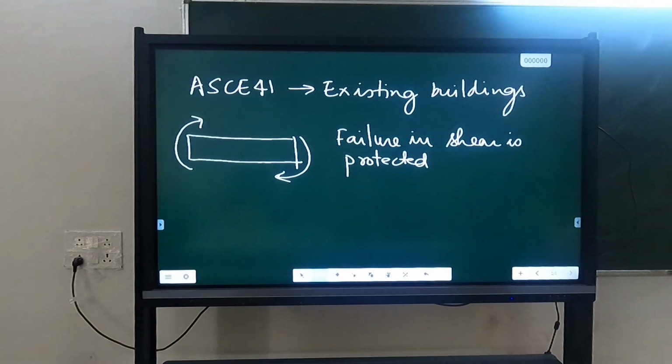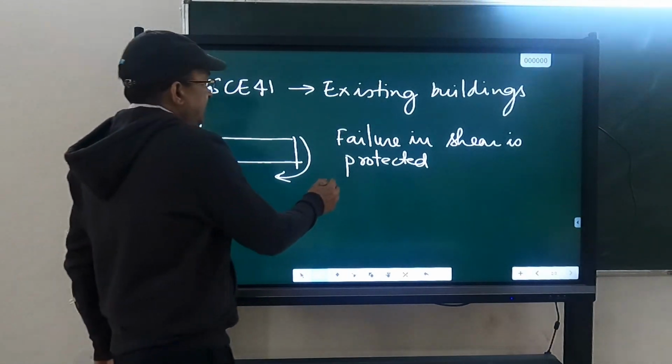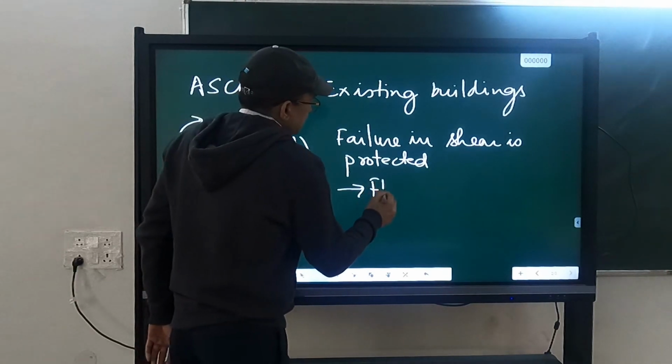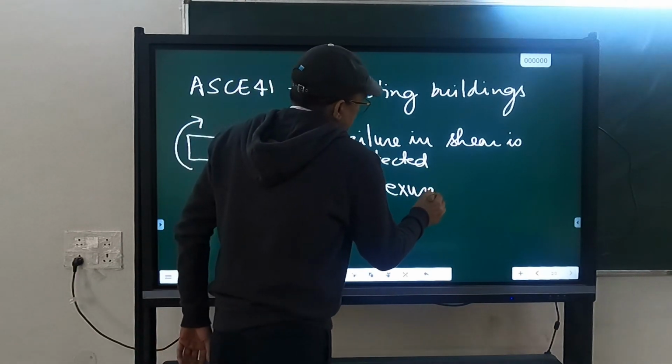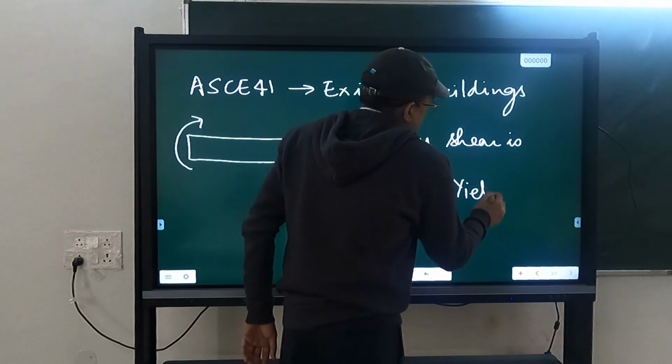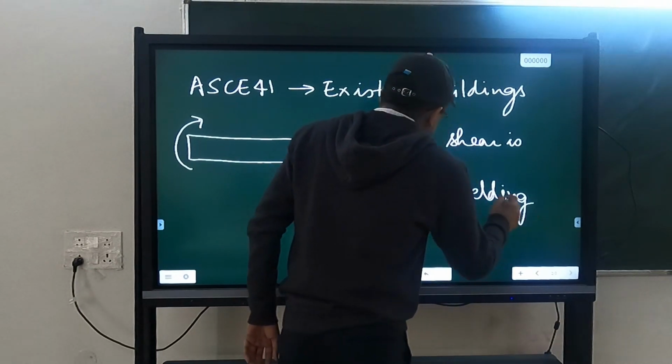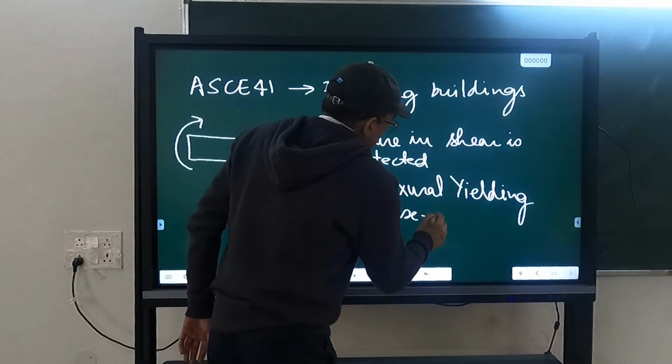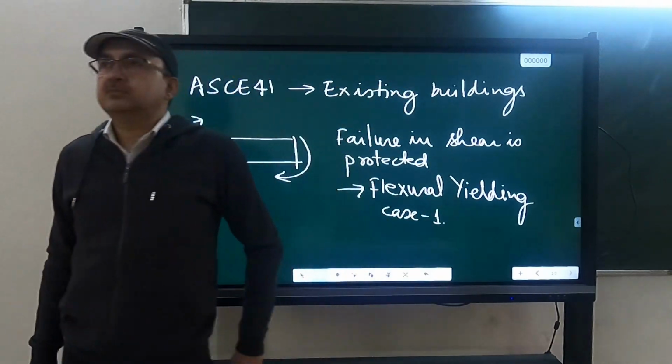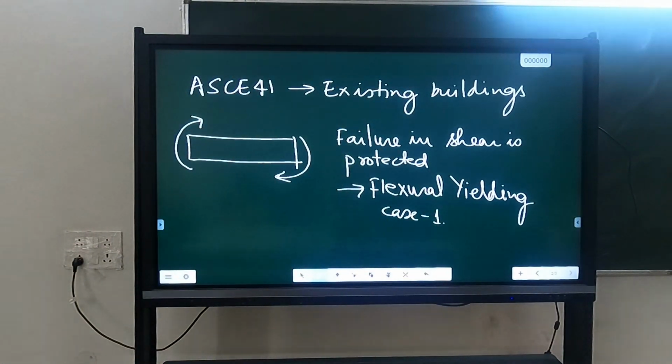That means before failing in shear, it will fail in flexure. This is case 1. But in an existing structure, this may not always be the case, depending on how much shear reinforcement is provided.